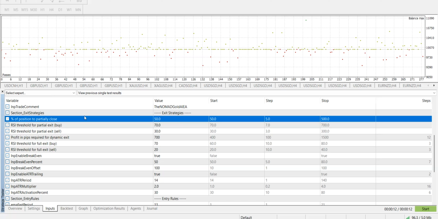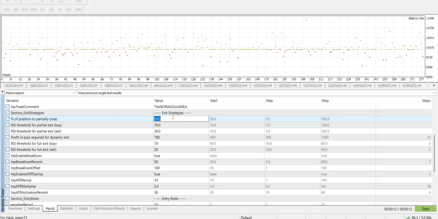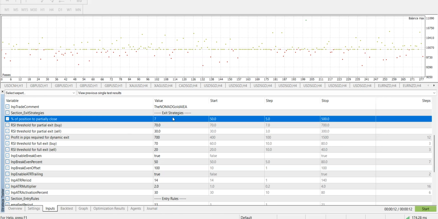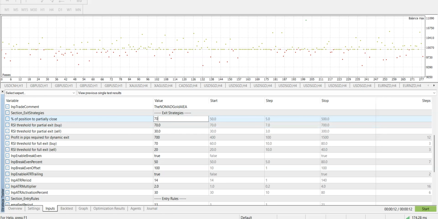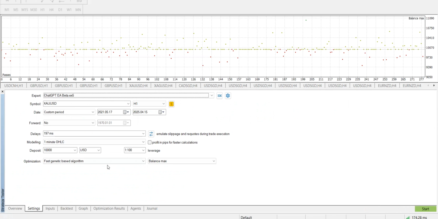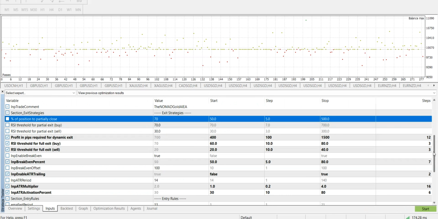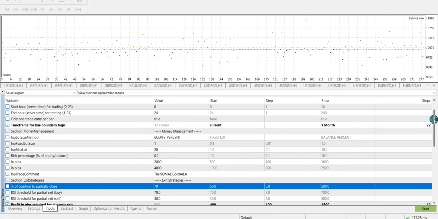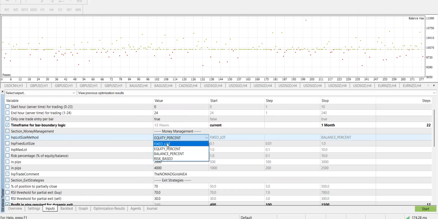What is the issue? Okay, position of partial close. Yeah, 50% sounds actually good, but do you know what I am going to do? Something I usually do when I'm starting with the equity percentage.